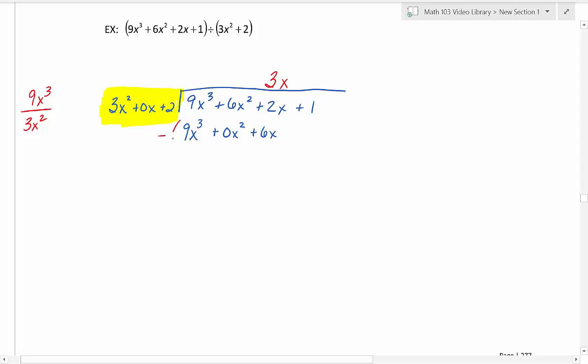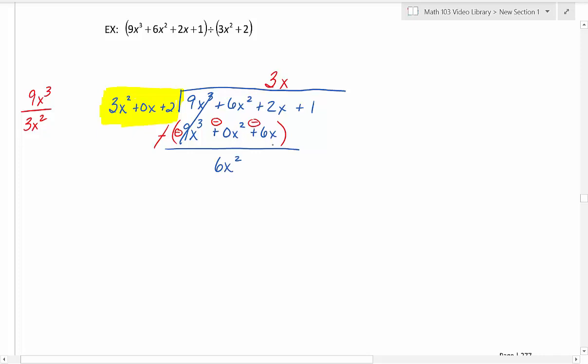Now we want to subtract this whole thing. We distribute in our negative, and then we can just combine like terms. 9x to the third minus 9x to the third falls out like it should every time. 6x squared minus 0x squared gives us 6x squared.